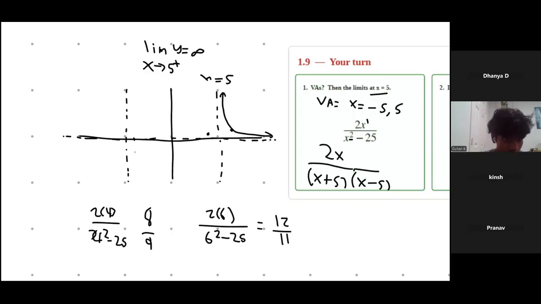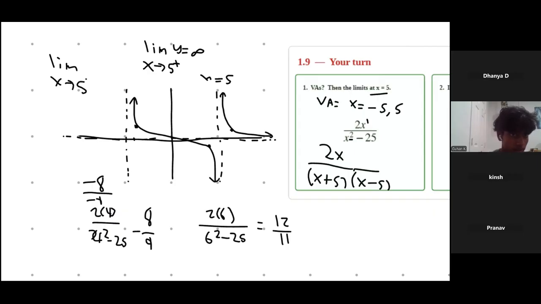So that's going to be -8 over, oh wait, by the way, this is going to be -9. So -8 over -9. So sorry, this isn't going to be 8 over 9. This point is going to be -8 over 9. And this point is just 8 over 9. So this graph would go something like this probably. So then you can write the limit as x approaches 5, and this time from the left side, the negative side, y equals -infinity.